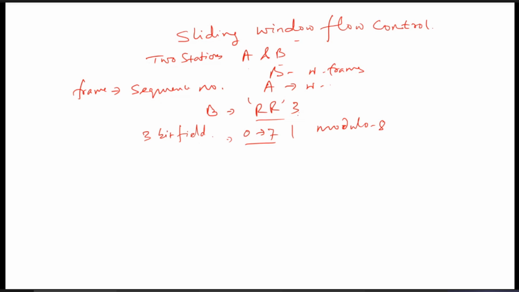So for a k-bit field, the range of sequence numbers will be 0 to 2 to the power k minus 1. That's like this in 3-bit.